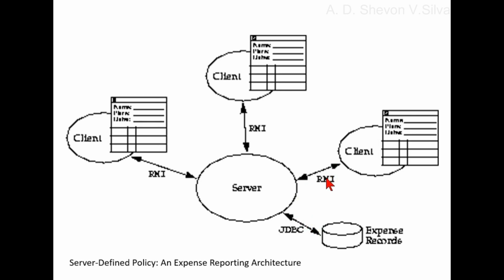When a user is ready to write up a new expense report, the client asks the server for an object that embodies the current policies for expense reports, as expressed via a policy interface written in Java. The object can implement the policy in any way.